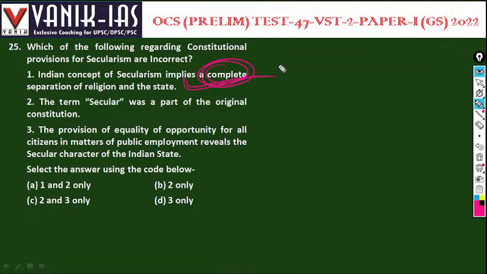All religions are given equal importance. The term secular was part of the original Constitution. No, it was not. It was included in the 42nd Constitutional Amendment, 1976. The provision of equality of opportunity for all citizens in matters of public employment reveals the secular character of the Indian state. Yes, this is a right statement. They asked which are incorrect, so 1 and 2 are incorrect.